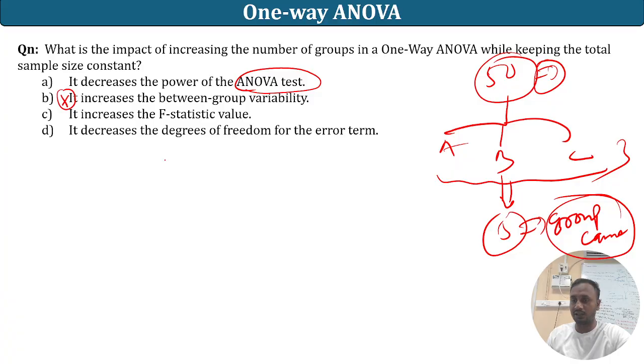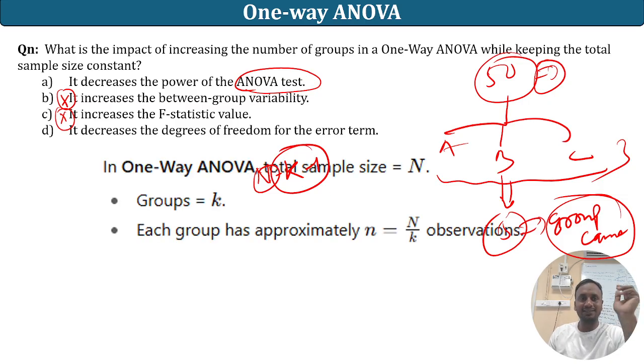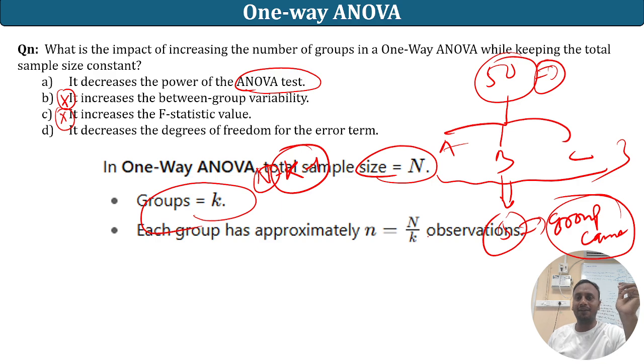It decreases the degrees of freedom for the error term. In one-way ANOVA with sample size n and k groups, the error has n minus k degrees of freedom. So the answer is that it decreases the power of the test and decreases the degrees of freedom.